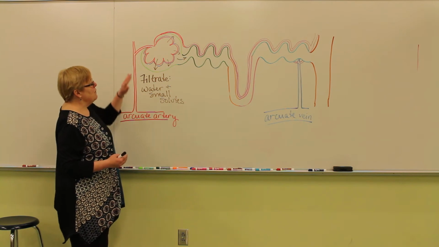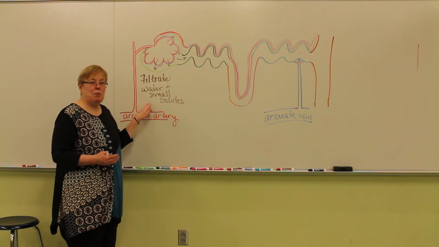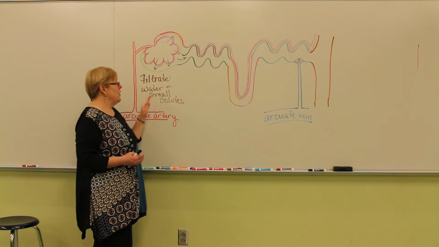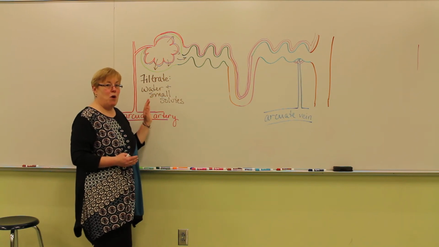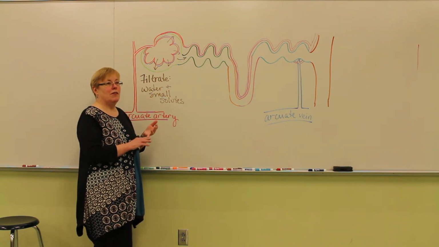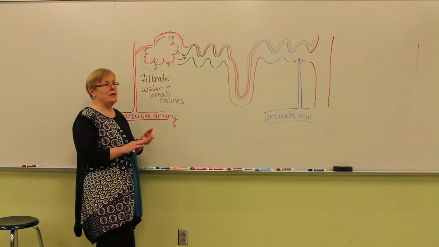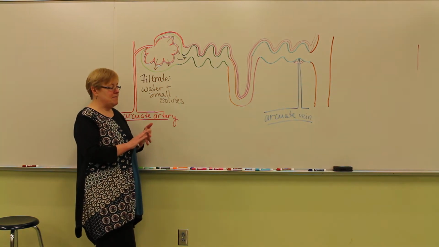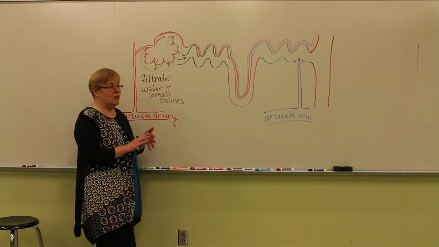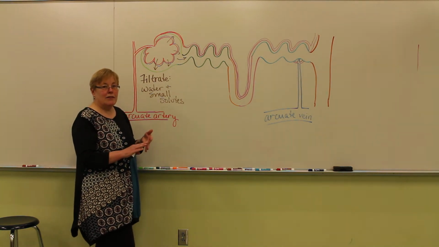So if we think about comparing filtrate to plasma, filtrate and plasma both have water. They both have things like sodium ion, chloride ion, potassium ion, glucose, amino acids.